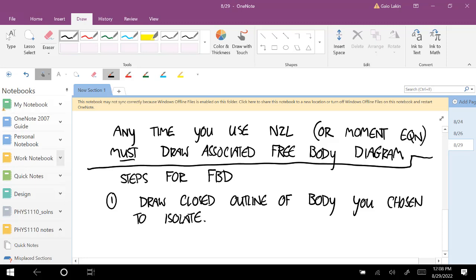There should not be any internal details inside your outline. So even if we're doing particle statics, draw the bodies.